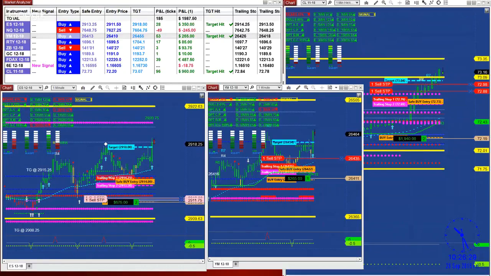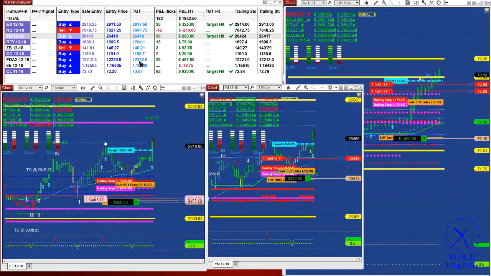Actually, we have a new signal on the 6E, entry 6605, target 6730. The Nasdaq is not moving, sir. There is something wrong with the Nasdaq.